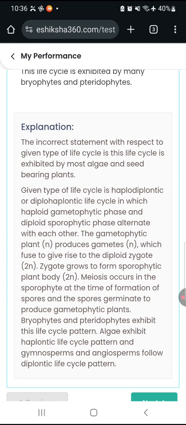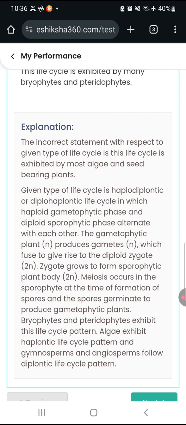Given type of life cycle is haplodiplontic or diplohaplontic life cycle in which haploid gametophytic phase and diploid sporophytic phase alternate with each other.